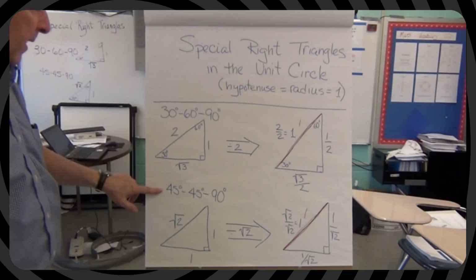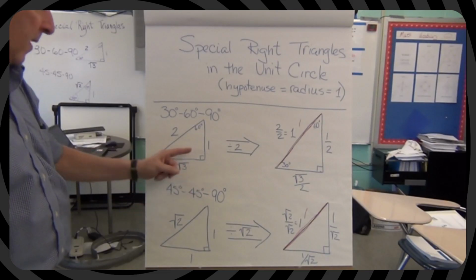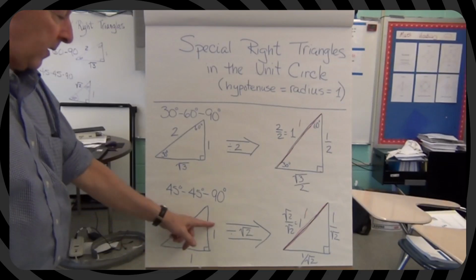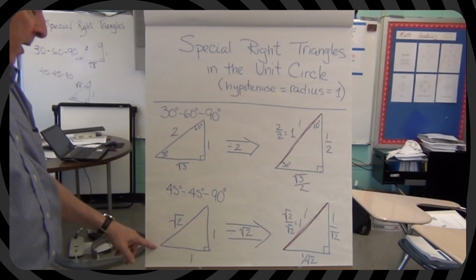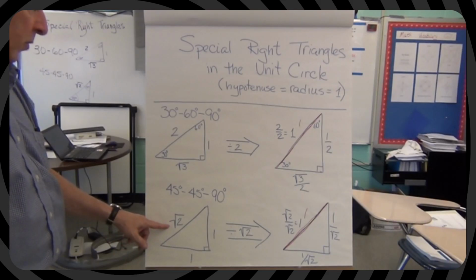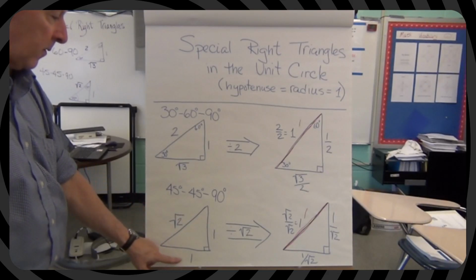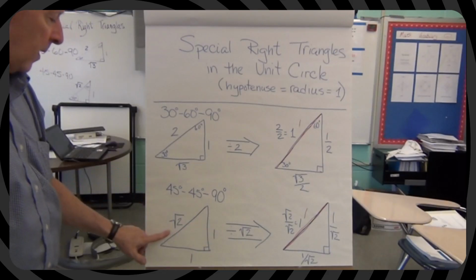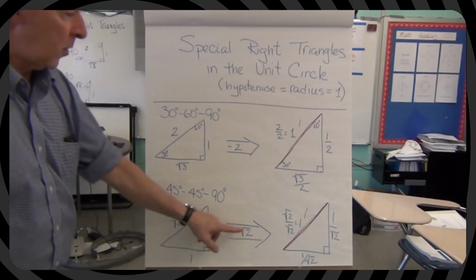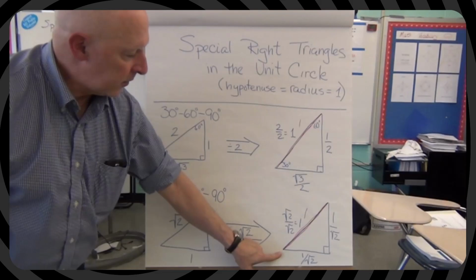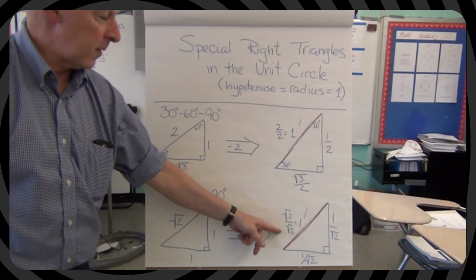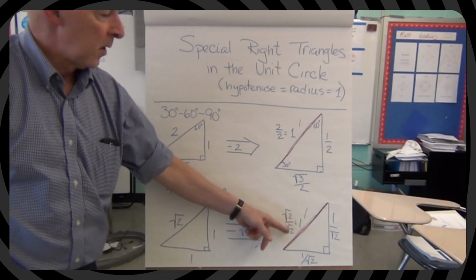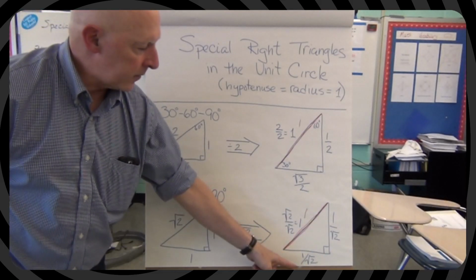The isosceles right triangle, 45, 45, 90, which traditionally, when we look at it and reduce it down to the smallest numbers, the hypotenuse has a value of the square root of 2. The legs each have a value of 1. Dividing by the square root of 2 would turn this hypotenuse into a hypotenuse with a length of 1. Square root of 2 divided by the square root of 2 is equal to 1. We have to do the same thing to the legs.